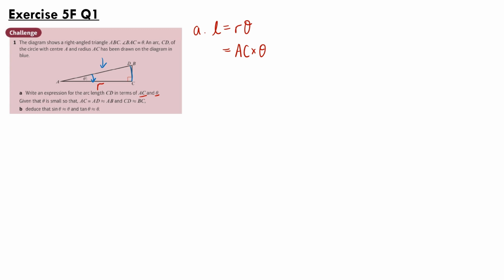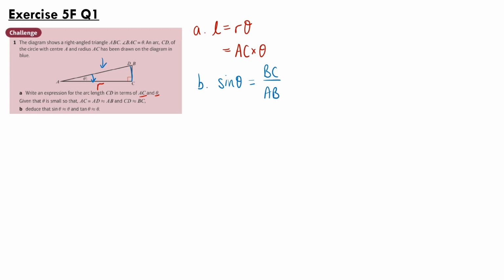And we can use these facts almost like differentiation from first principles. So as theta gets smaller and smaller and smaller, we get a better and better approximation. So sine of theta, using right angle trig, we know that's the opposite, BC, over the hypotenuse, which is AB.